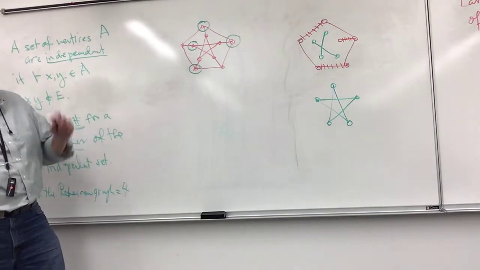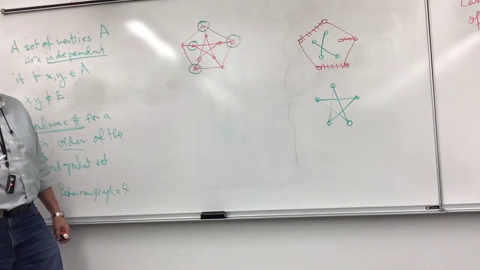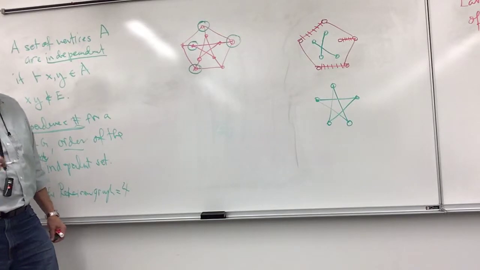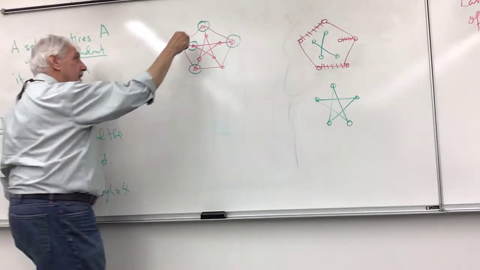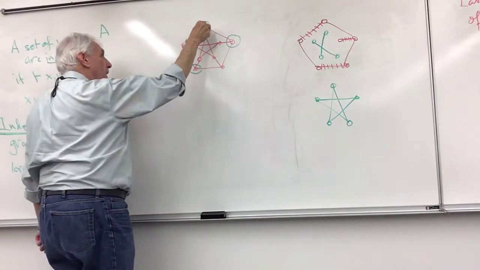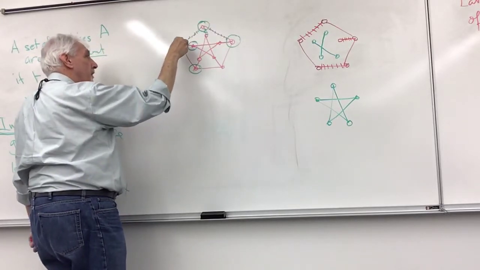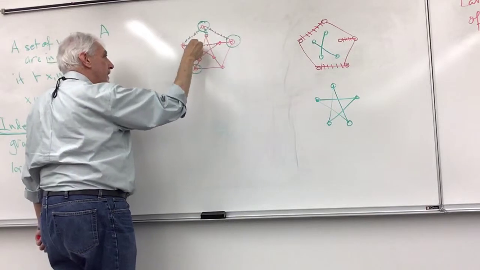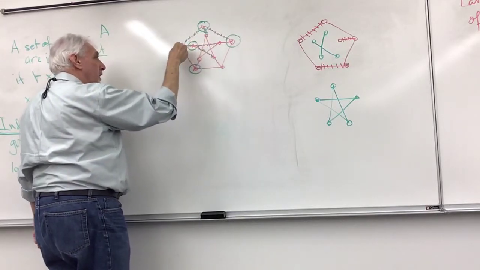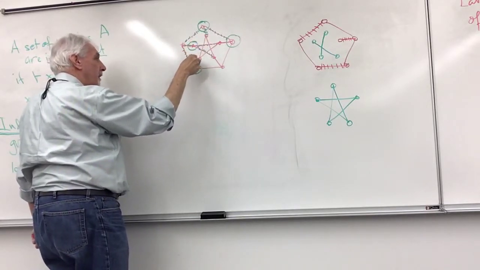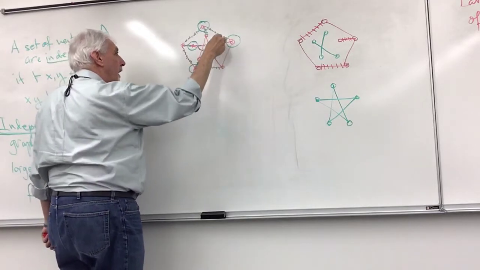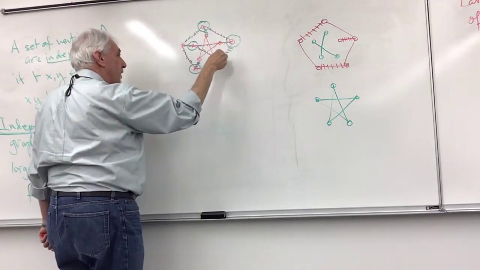Let's see what edges are covered at this point. Let's just imagine I'm covering all of these edges. Okay, so all those edges are covered. This edge is covered, this edge is covered, this edge, and this edge, and this edge.